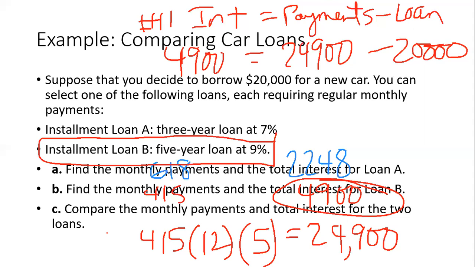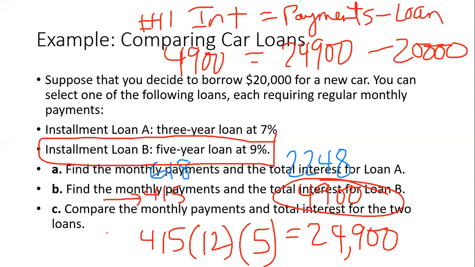It might be nice for you to only have 415 versus 618. Maybe 618 is just too much and 415 is not. So you will need to make those considerations, but you need to understand how it accumulates in the end.